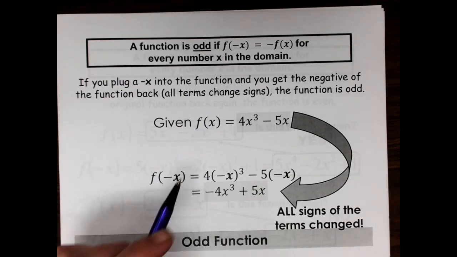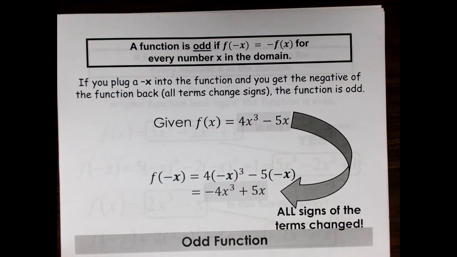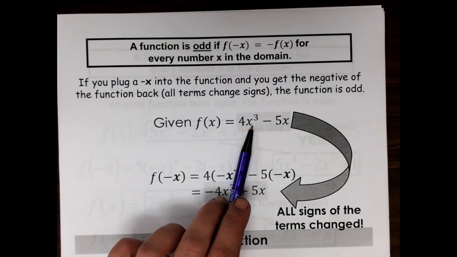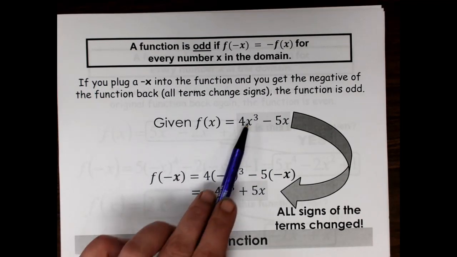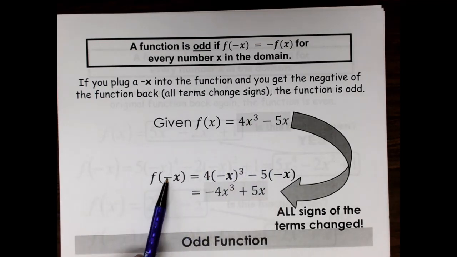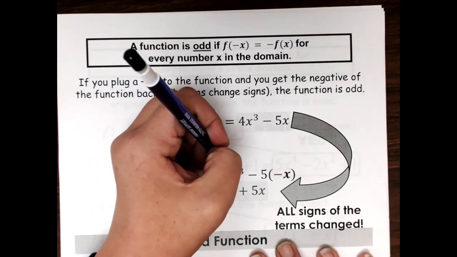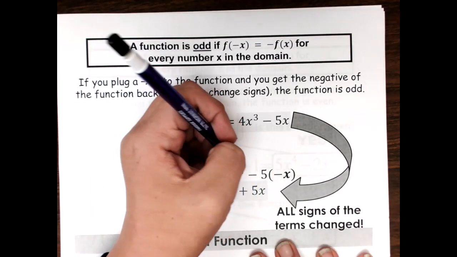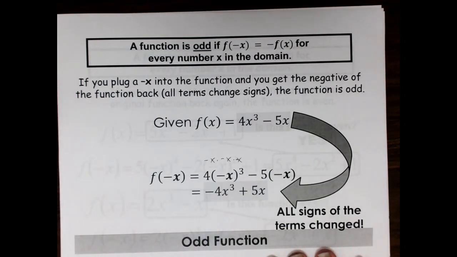If you plug in negative x to your function, but you get the opposite function, a negative version of what you had before, then it must be an odd function. So here they've given us f of x equals 4x cubed minus 5x. And when we plug in this negative x for our original x values, which I know seems a little odd, well, negative x times negative x times negative x, we have 3 negatives, and so that does retain its negativity.